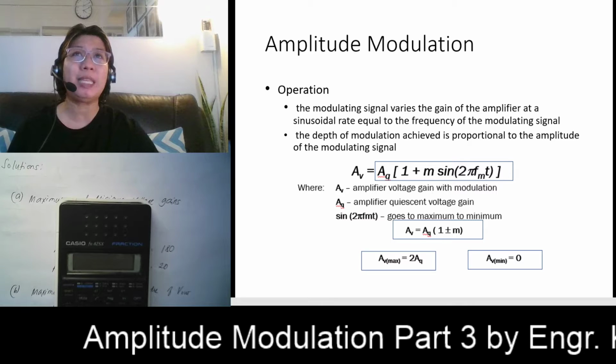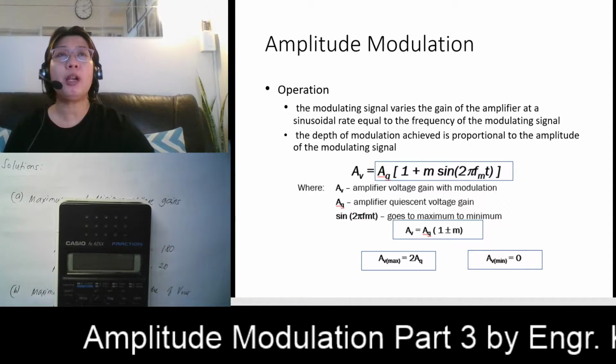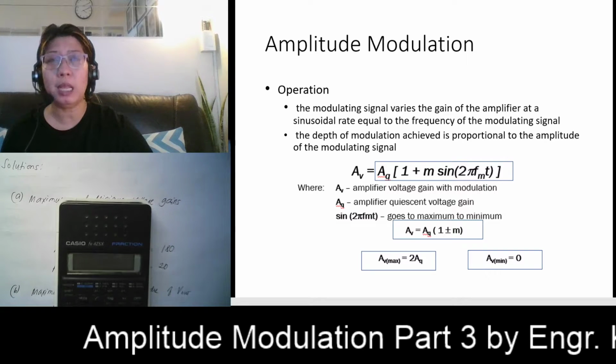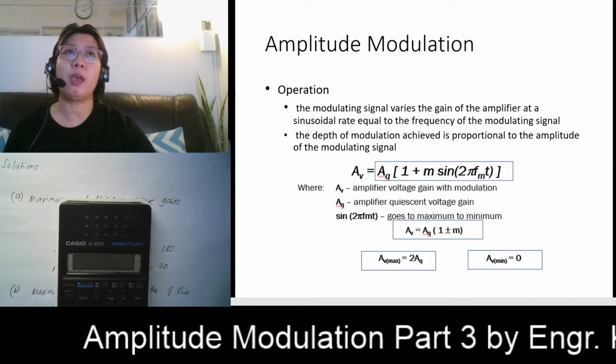This is the mathematical expression for our voltage gain. Our voltage gain is given by AQ, wherein AQ is the amplifier quiescent voltage gain. We can solve for the amplifier quiescent voltage gain without either your carrier signal or your modulating signal.